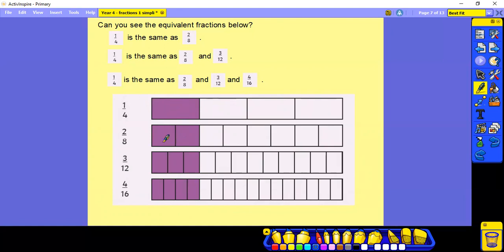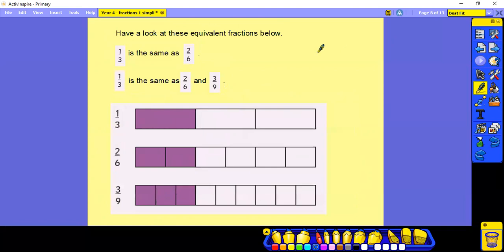A quarter is also the same as 3/12. And a quarter is the same as 4/16. So a quarter, 2/8, 3/12, and 4/16 are all the same. They are equivalent fractions because you can see that they each fit into the same area.